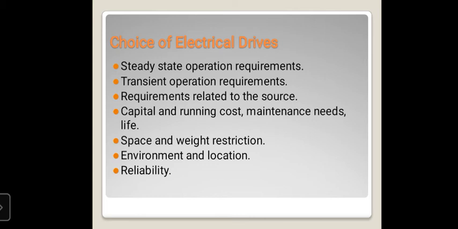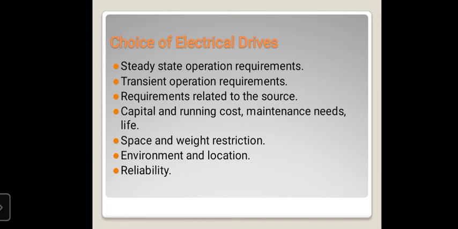Then the next point is capital cost, running cost, maintenance need. That means we have to choose an electric drive such that the initial cost or running cost is not too high.